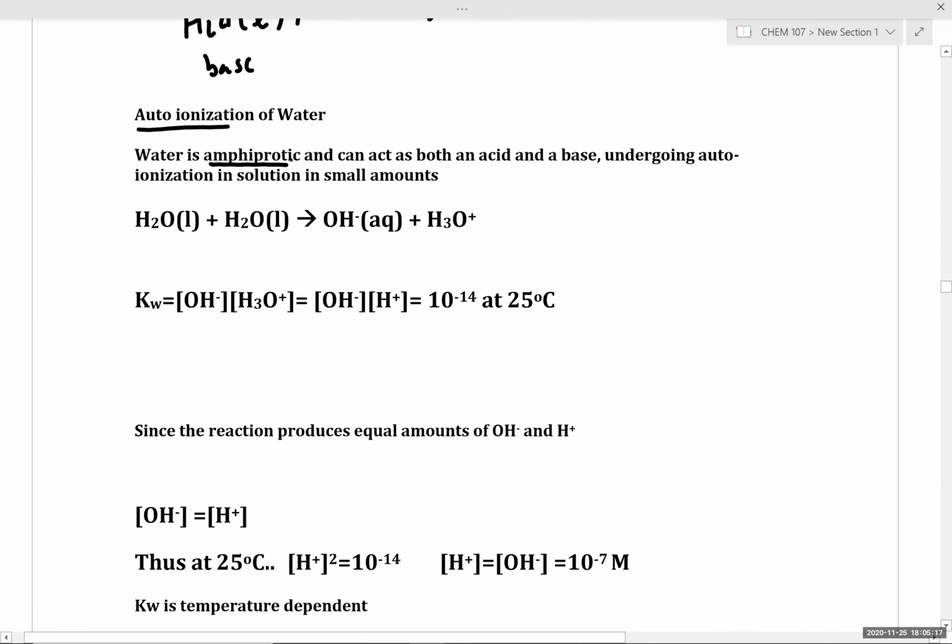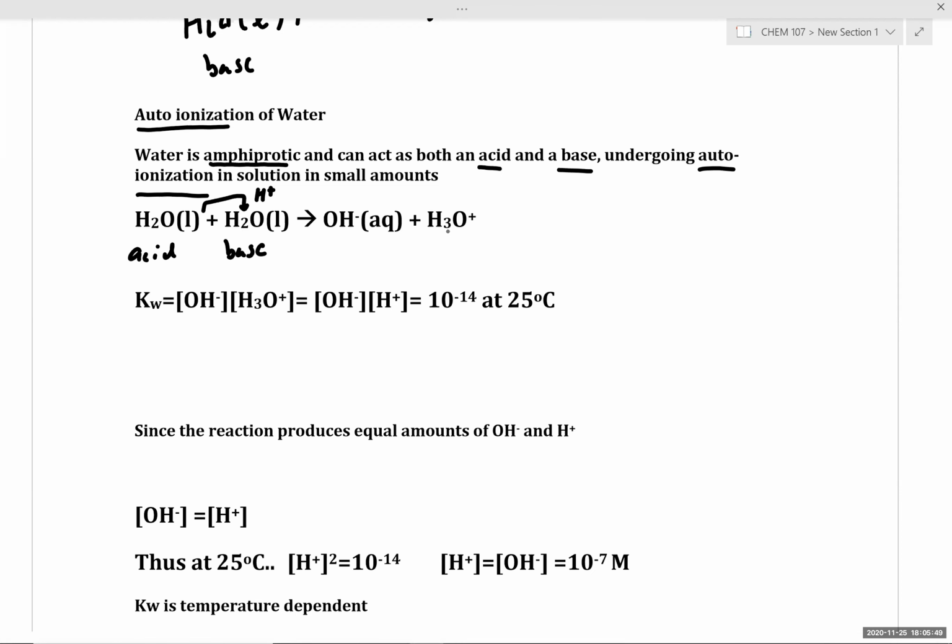Because water is amphiprotic and it can act both as an acid and a base, it can undergo reaction with itself, and this reaction is known as an auto-ionization reaction. So one water molecule is acting as the acid, the other water molecule is acting as the base, and there's the transfer of a proton from one water molecule to another to make hydroxide and H3O+, or hydronium ion.